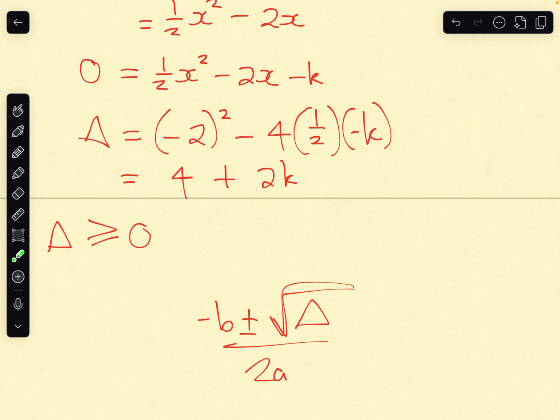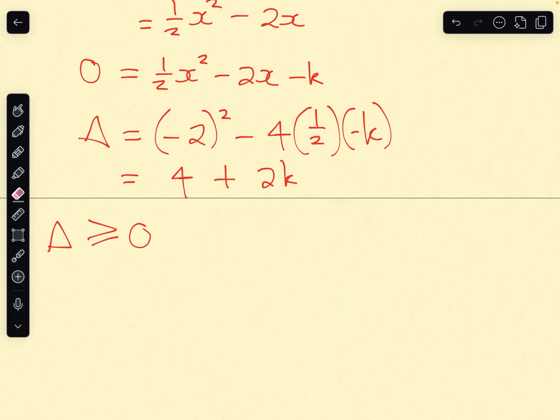So that's why it has such a big say in what kinds of solutions our quadratic equation has, because if this thing is a negative number, then this square root is going to give us a non-real number, which is going to make the full thing a non-real number. But if this thing is 0 or positive, then the square root will also be 0 or positive, and then this whole thing will be a real number.